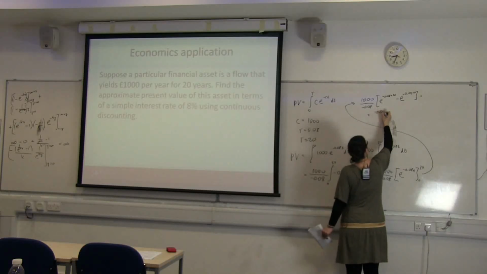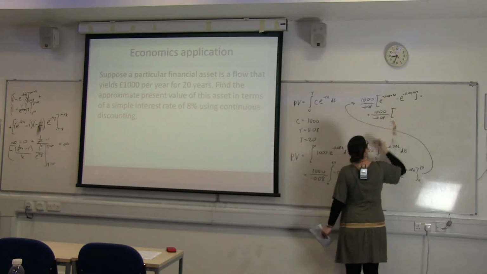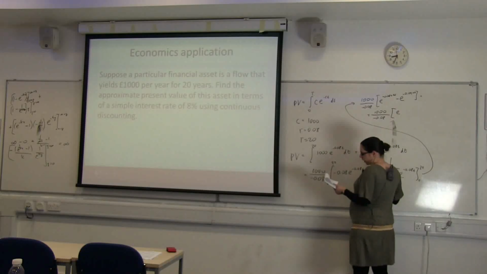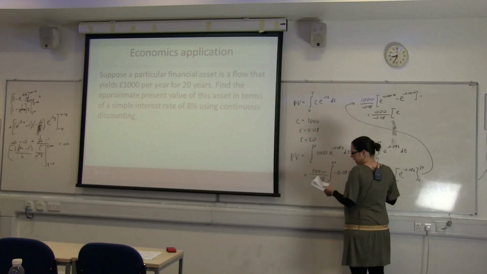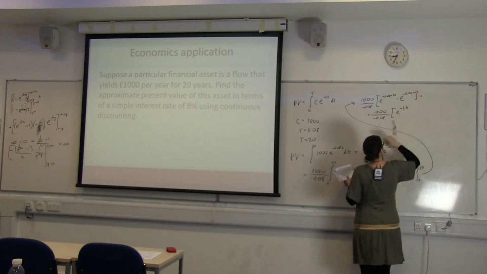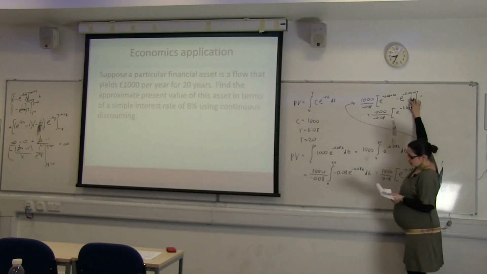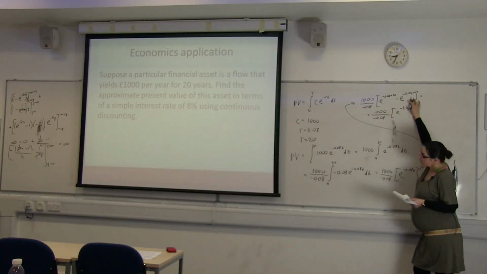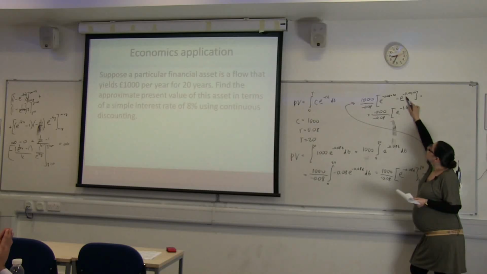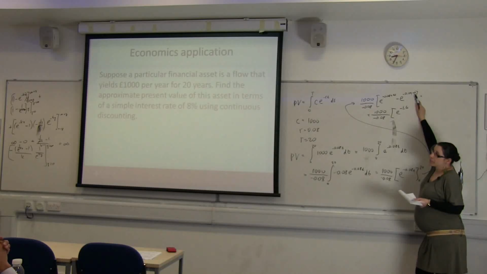So it's 1000 over minus 0.08 times e to the minus 0.08 times 20 gives me minus 1.6, if I have not made a calculation mistake. And what is this one here? That's a 0. E to the 0 is? Yeah.